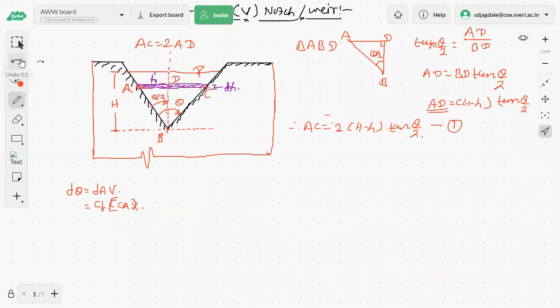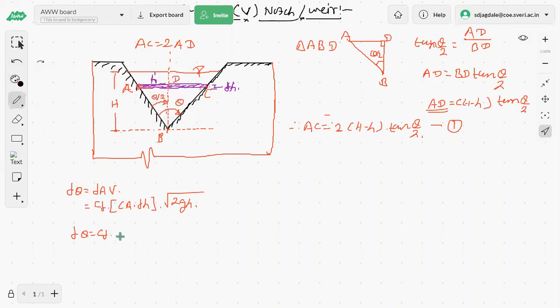Just a minute, I will have to go for once again. Cd into the area as CA into dh into the average velocity will be V is equals to under root 2gh once again. Okay, so that becomes dQ is equals to Cd into CA we are knowing. Okay, so that CA I would like to put up here.